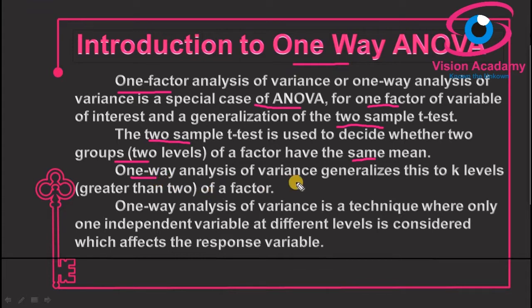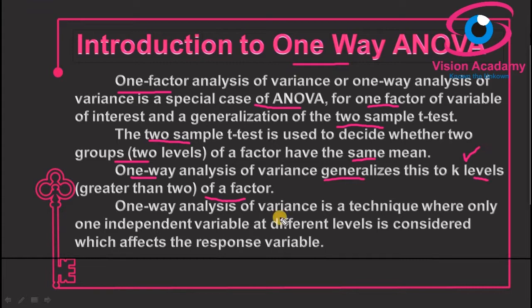One-way analysis of variance generalizes this to k levels. K levels means more than two levels of a factor. In the case of the t-test we consider only two samples, whereas one-way ANOVA generalizes this to k levels, meaning more than two samples can be considered along with one factor under study.